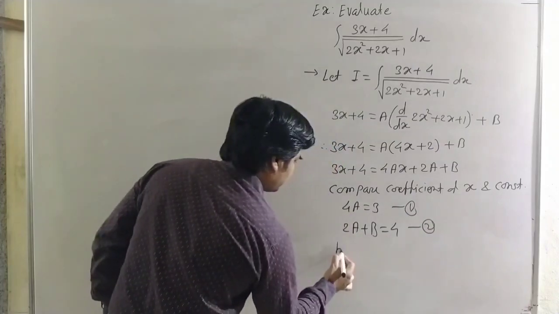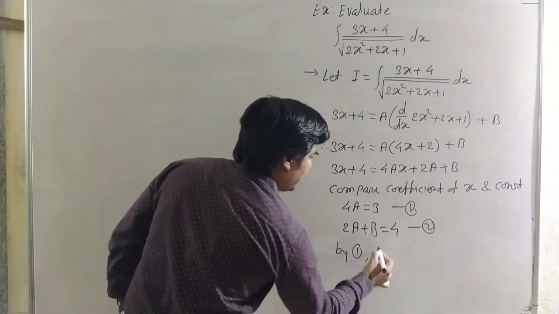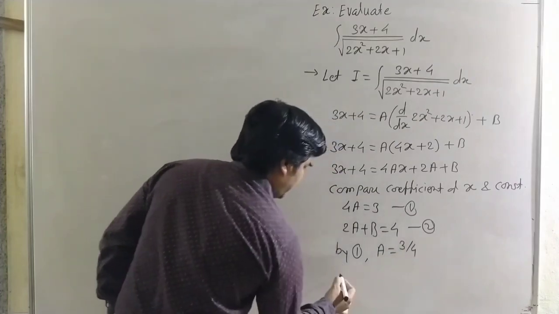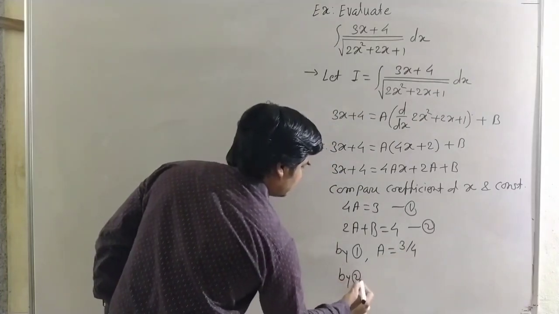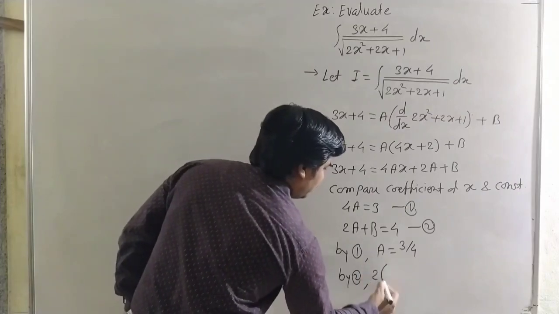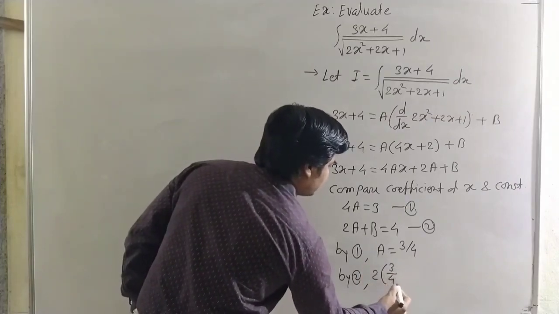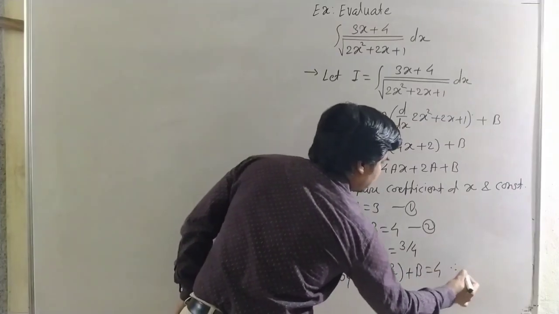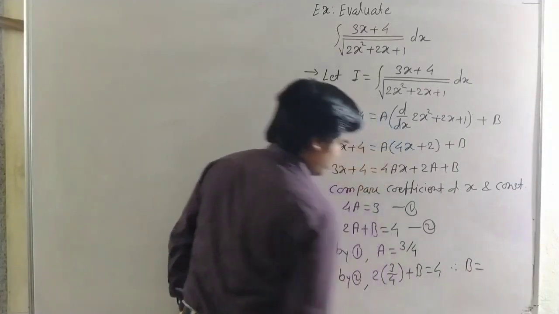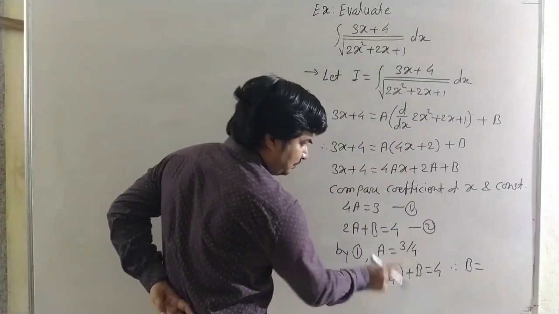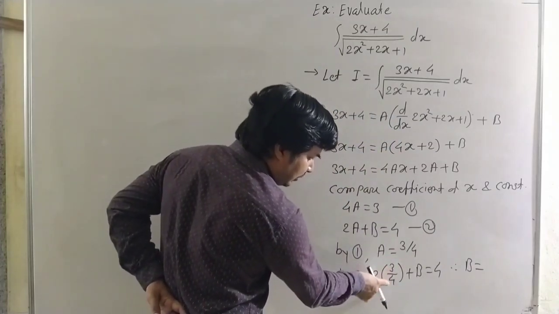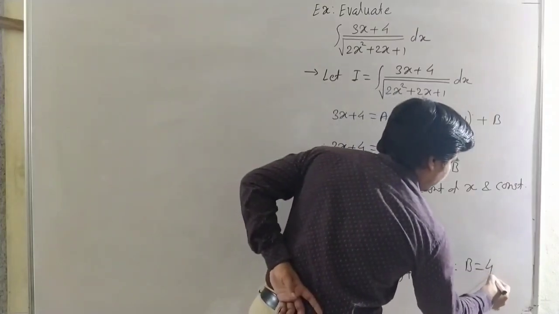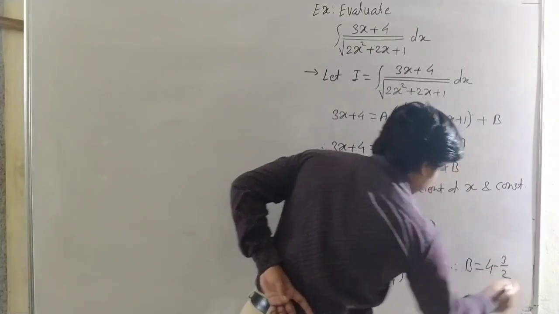Then by 1 we get a is equal to 3 by 4, and by 2 we get 2 into 3 by 4 plus b is equal to 4, and therefore b is equal to, see carefully, 2 by 4, so it is 3 by 2. Okay, 2 gets cancelled.